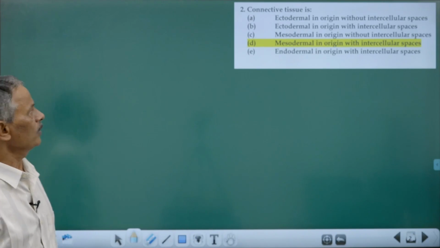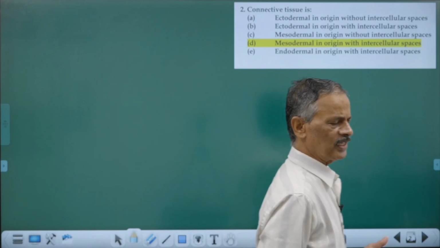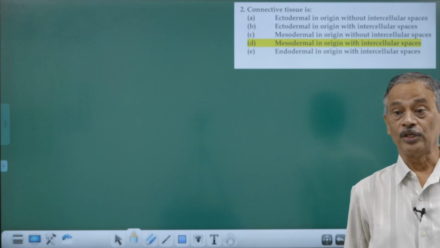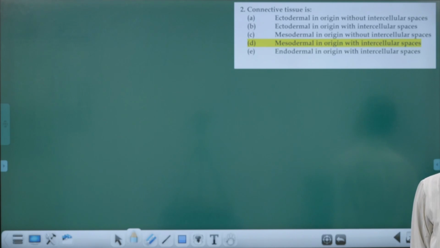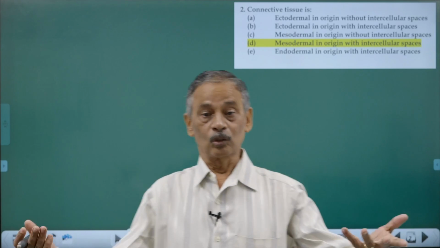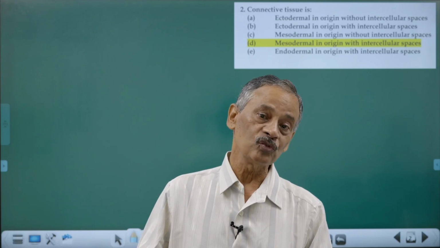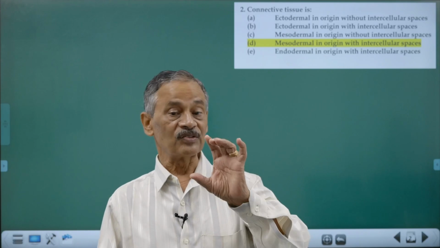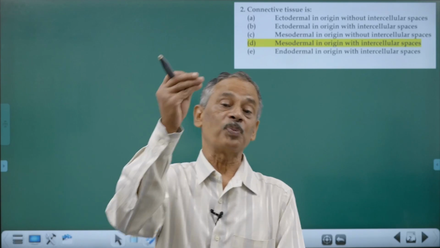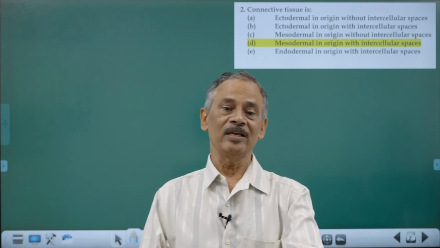Now the second question. Connective tissue. Of course, this is the largest tissue in our body. Connective tissues can be classified into two: loose and dense. These are all the packing tissues, whereas you have some specialized connective tissues like bones, cartilage, and blood.